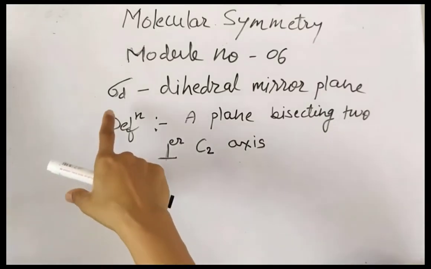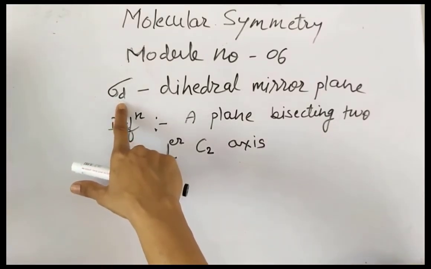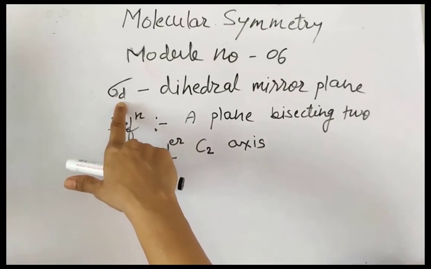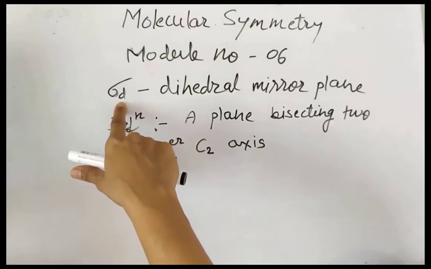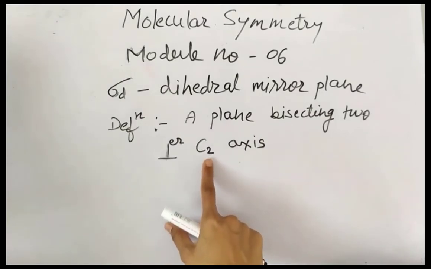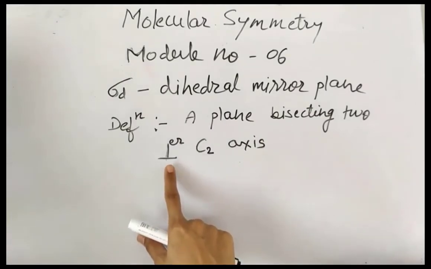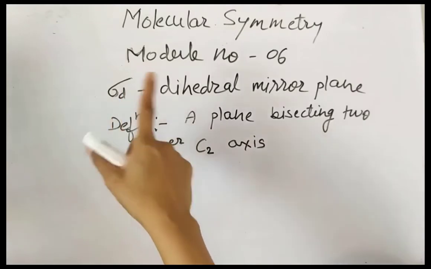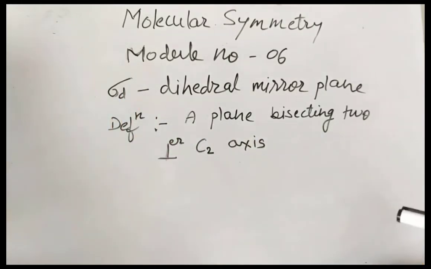But this third plane, sigma D, has nothing to do with the principal axis. Rather, it is decided with respect to the C2 axes that are perpendicular to each other. I am repeating what I said: sigma D has nothing to do with the principal axis.